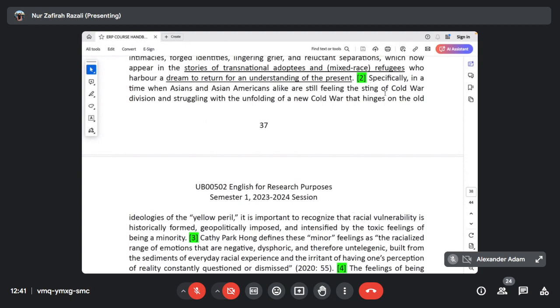What's the first nominal phrase? The sting of Cold War. Okay. What's the other one? The unfolding of a new Cold War.